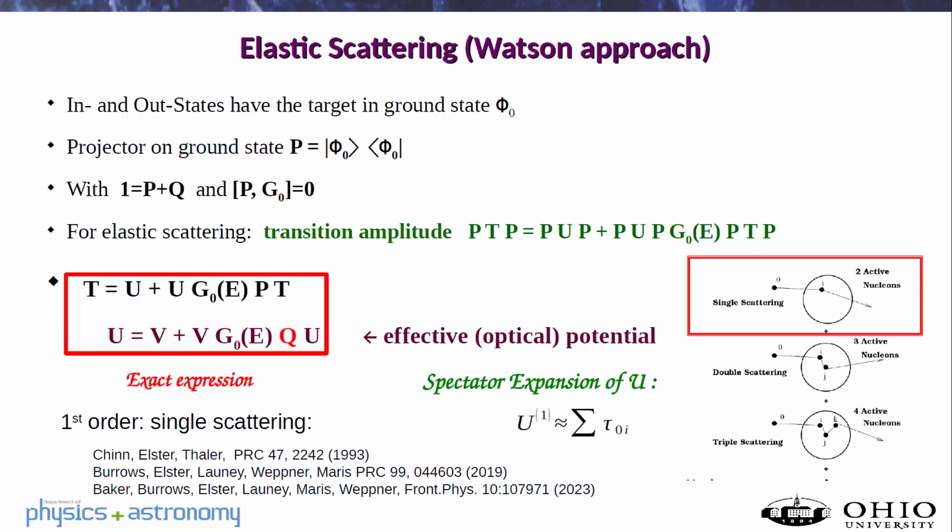If you don't have a nucleus anymore, you can rewrite the double scattering term also in terms of Faddeev amplitudes, so there are not any different theories in that sense. We are left with only this one here, and we expand the operator U.